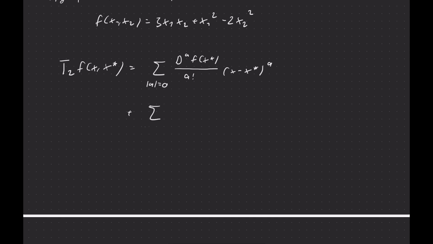Then we have the same sum, but now we're considering all those vectors where the sum is exactly equal to 1. The formula is the same. And finally, we'll consider those cases where the sum of the entries of the vector a is exactly equal to 2.